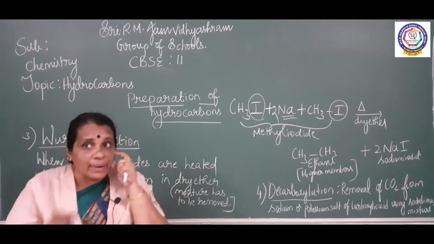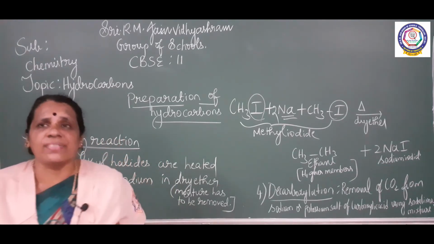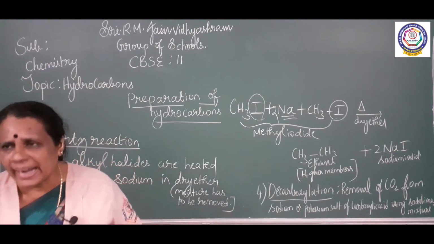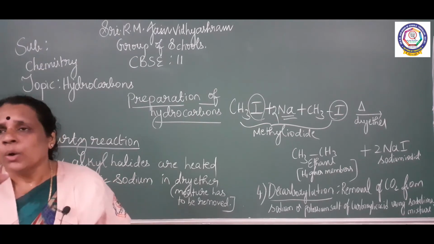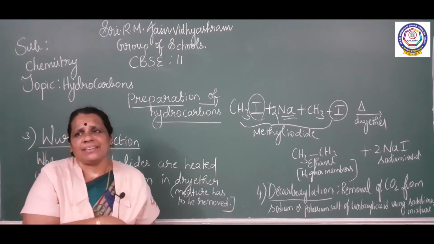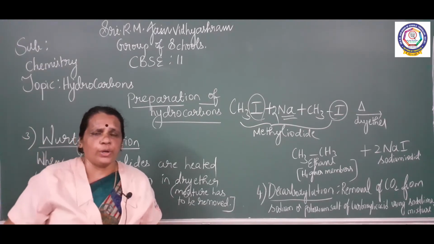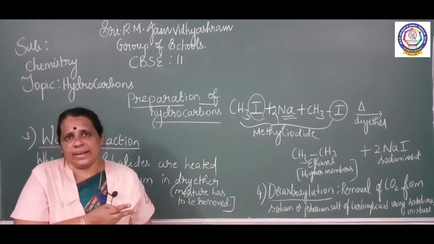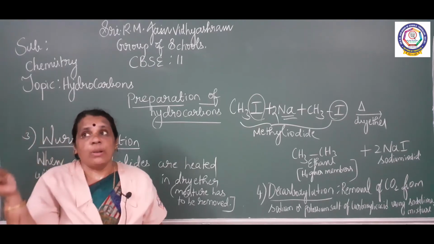After the removal of carbon dioxide, one more condition is there. You will be getting the hydrocarbon in which the carbon atom count will be one less than the parent. For example, if there are two carbons in the reactant, how will be the product?